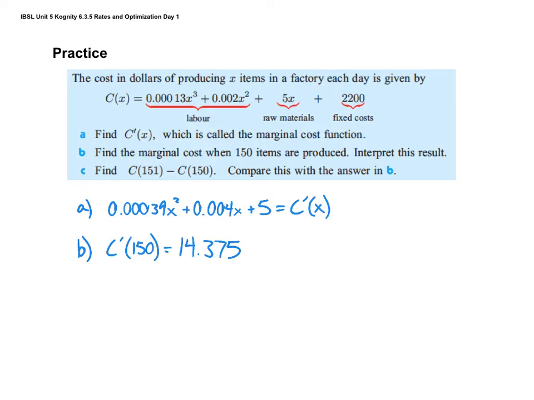The marginal cost of making 150 items, if we round it to the penny, is $14.38. That's how much more it's going to cost to make 150 as opposed to one. Maybe? That's not possible.